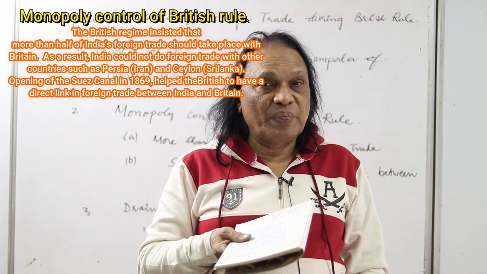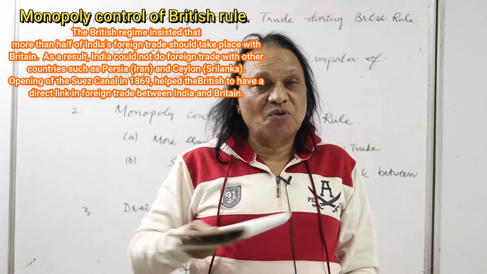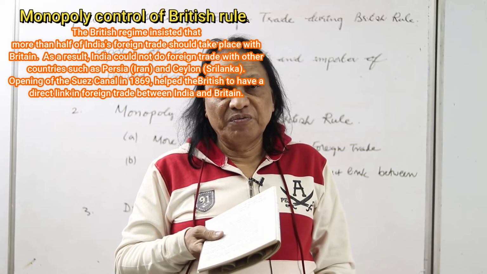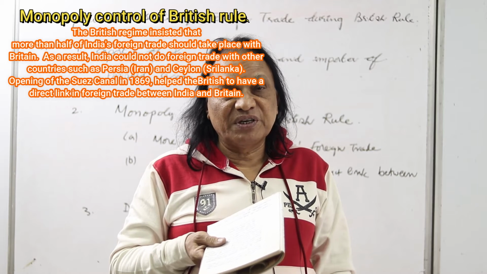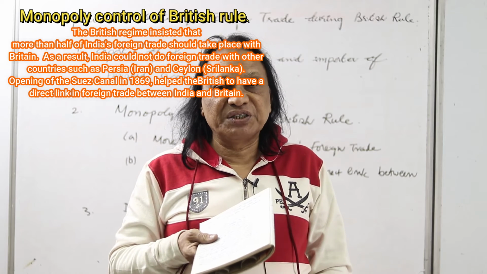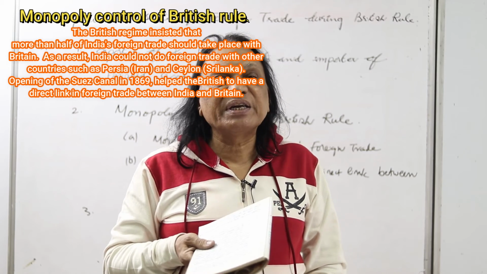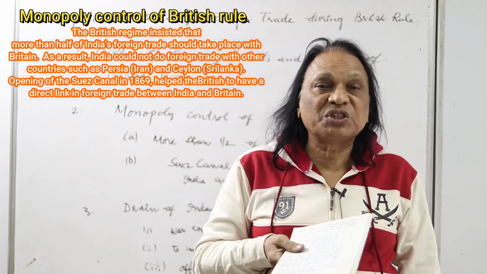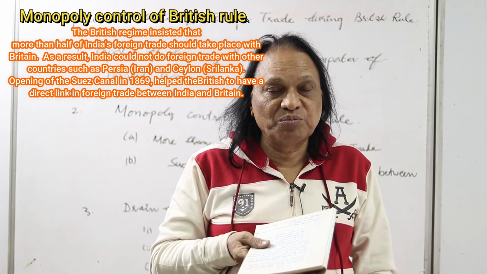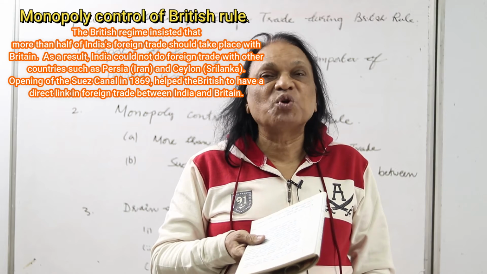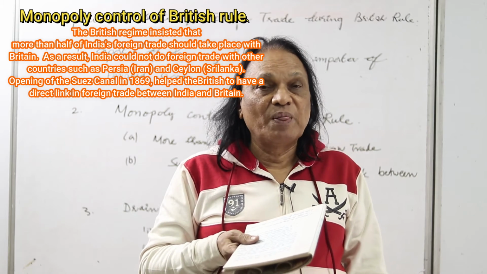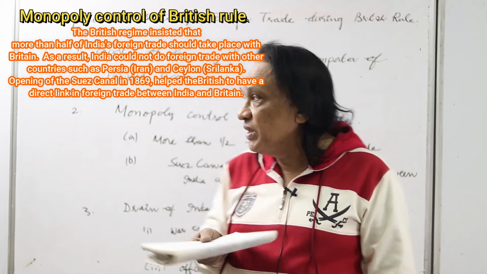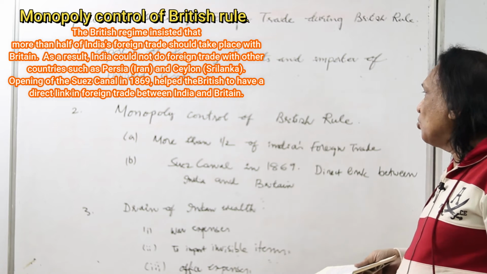That means India had to export half of their primary raw materials to England to develop their industries there. And the remaining half they could export to a few countries like Sri Lanka and Persia, which we used to call Iran at that time. That means they had complete monopoly power over our foreign trade. So second point, monopoly control of British rule.